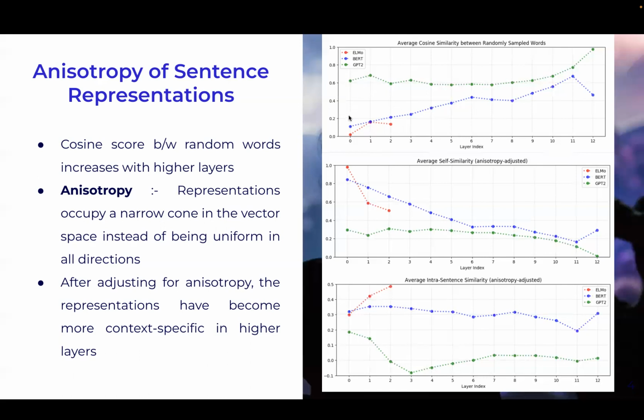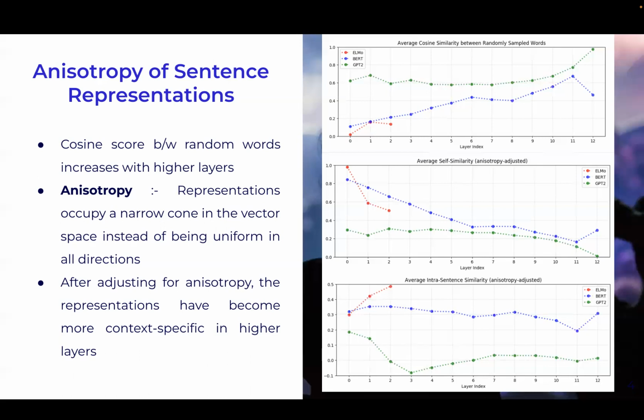In GPT-2 and BERT, this cosine similarity between two randomly sampled words is increasing. But do you think it should be increasing or decreasing? Any of you can answer. If those two words are separate, I'm assuming with every layer it should start decreasing.